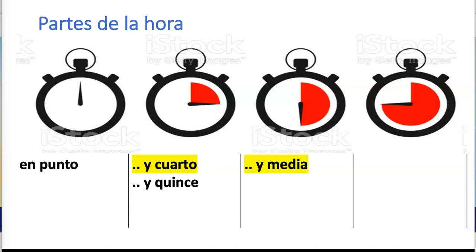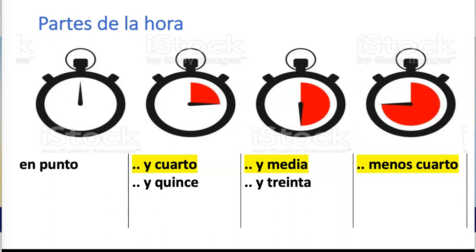The next one is y media and a half. What could we also use? Y treinta, and again, while not preferred, you'll still be understood. Now continue on to the next clock. Here you're going to use what?